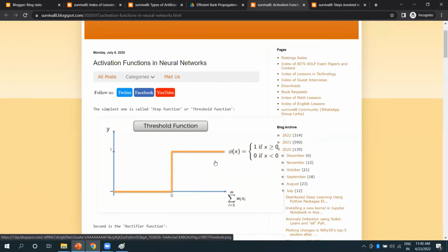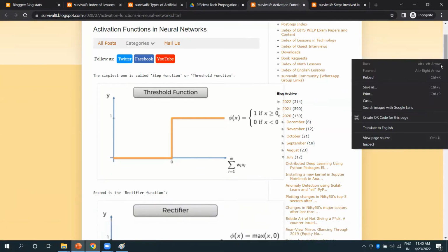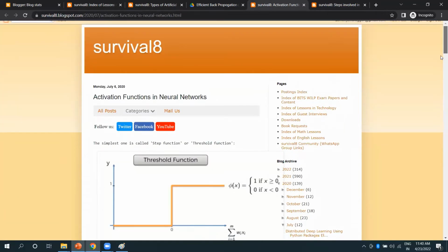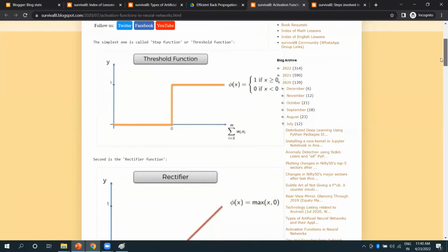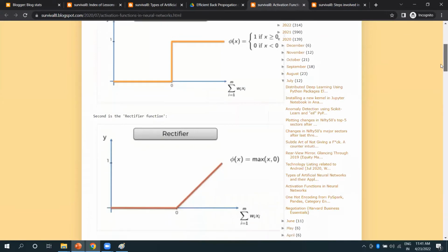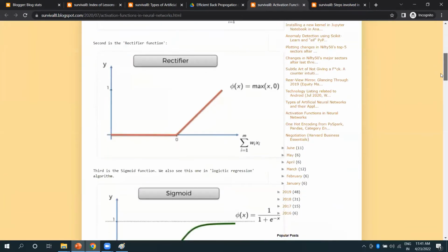The problem with this function is that it is not differentiable. Even though it is not differentiable, it is still used in building neural networks. Theoretically speaking, it is too hard to do the math with it.